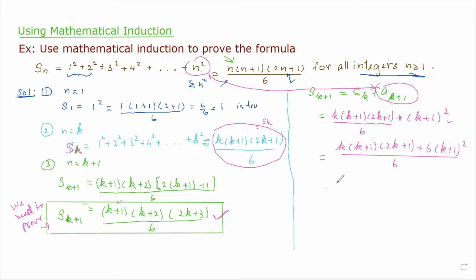So now we have k plus 1 as a common factor here. Take it out. So we have k left inside times 2k plus 1, plus 6 times k plus 1, and close. And this one divided by 6.